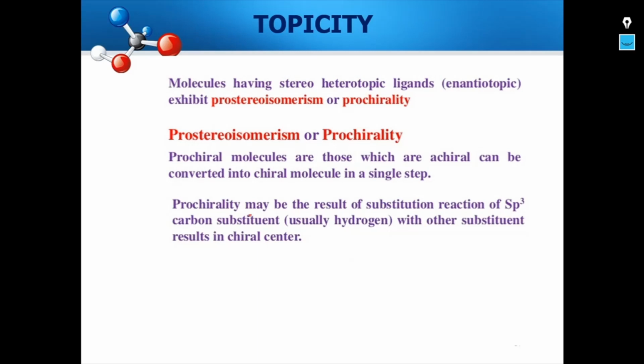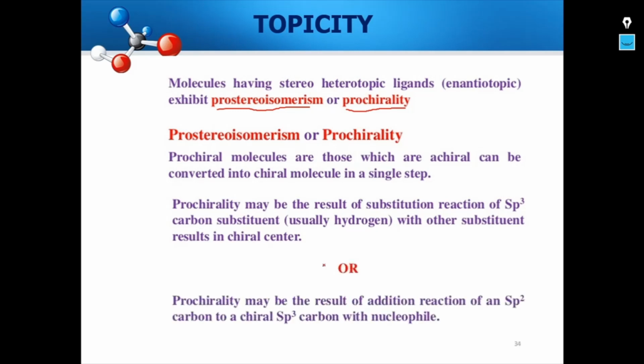As I discussed in the earlier part, molecules having stereoheterotopic ligands or enantiotopic ligands exhibit prostereoisomerism or prochirality. Now, prochiral molecules are those which are achiral and can be converted into a chiral molecule in a single step.